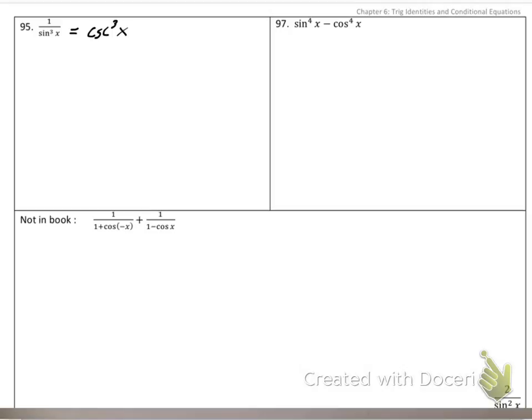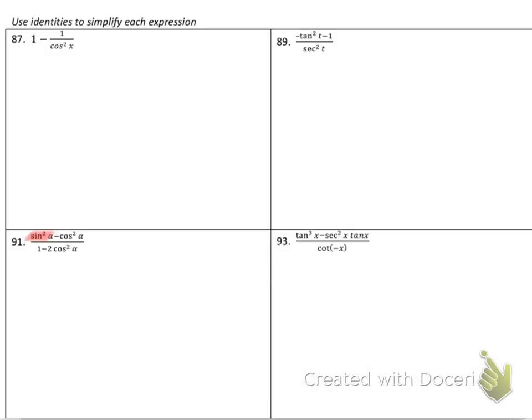So that's going to be your tip on this guy. I have so many cosines that I want to change this to something in terms of cosines. So this is going to equal 1 minus cosine squared alpha minus cosine squared alpha. This little section is the one I changed. All over 1 minus 2 cosine squared alpha.